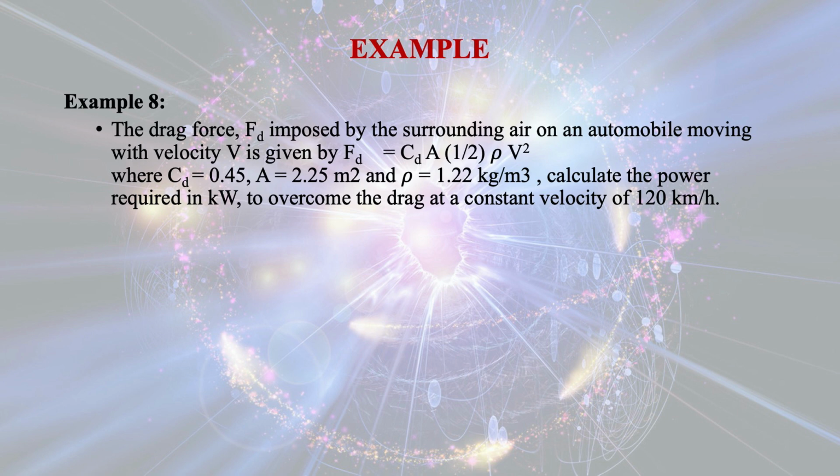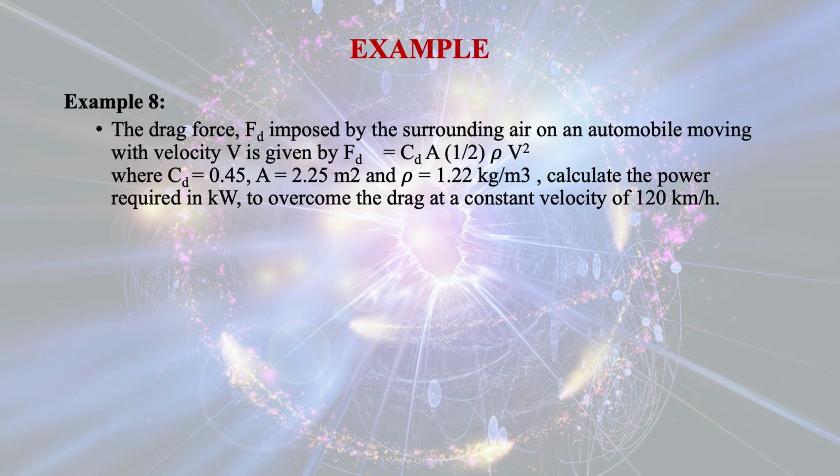In this case CD is given as 0.45, area is given 2.25 meter square, rho is given as 1.22 kg per meter cube. Calculate the power required in kilowatt to overcome the drag at a constant velocity of 120 km per hour. See, first of all we have to calculate Fd, that is the drag force. Once you calculate Fd, then there is no problem for calculating power, because power is known as force into velocity.